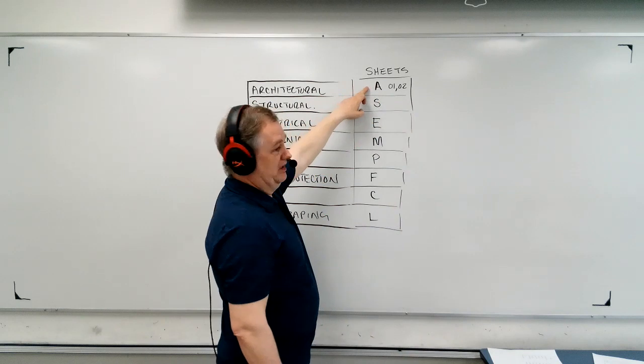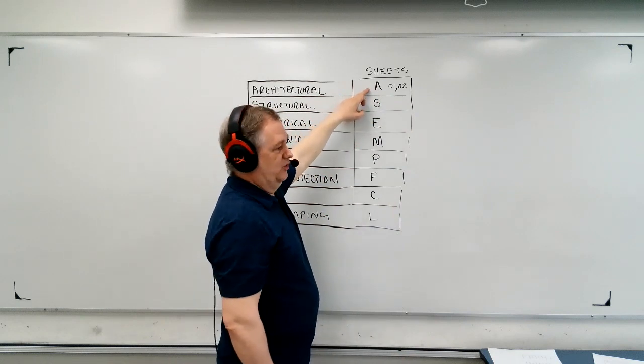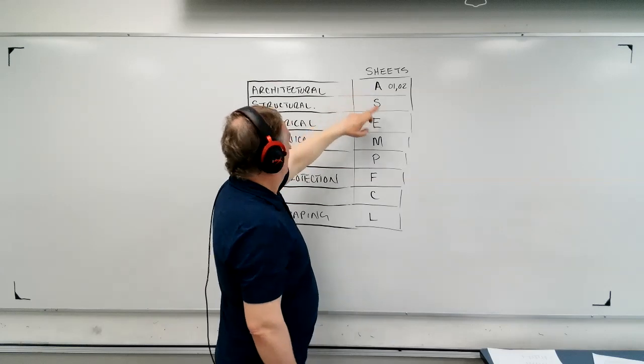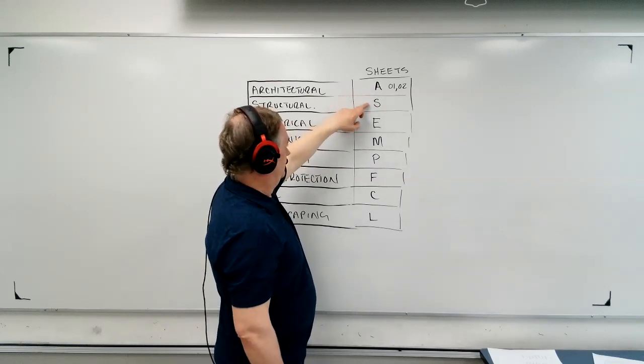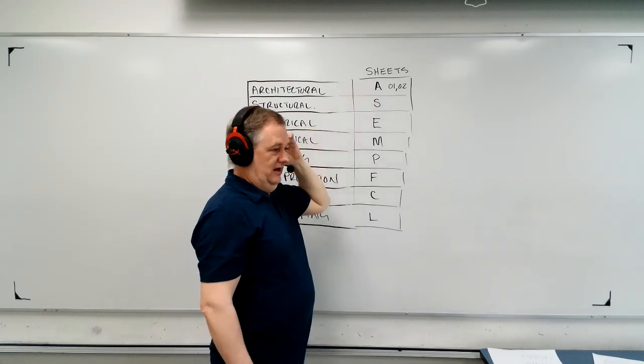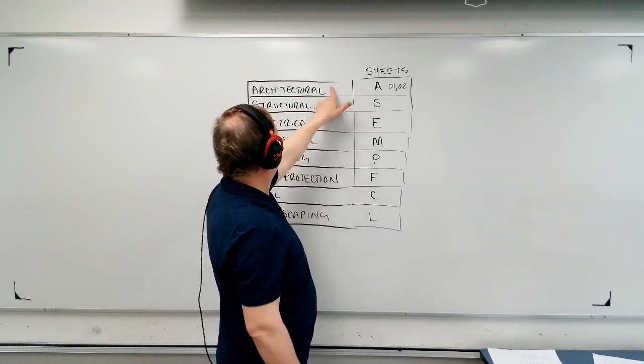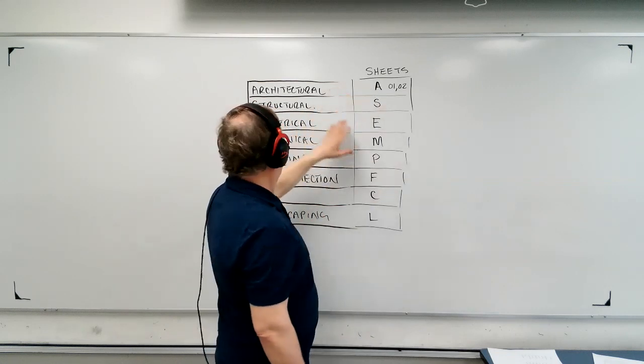Architectural for sure, making sure that our main runs of conduit and things don't interfere with beams. Same with structural. Architectural will be making sure that things fit aesthetically, so we would definitely be referring to architectural drawings for that.